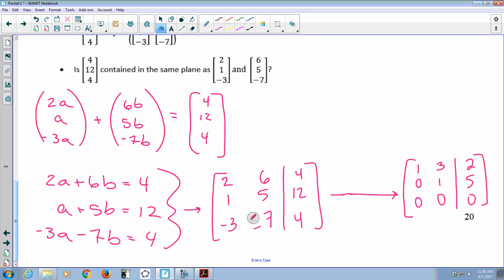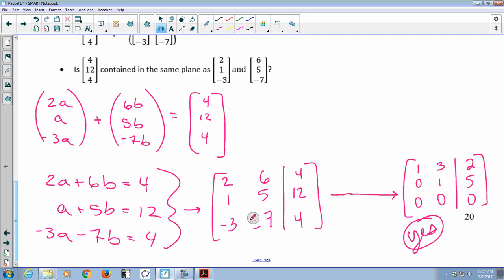So y is 5 and x plus 3y is 2, so you can solve for x. Or A and B, sorry, not x and y. So yeah, this is consistent. We don't even care what the A and B are because the question was just, is it or isn't it? So there is a solution, so the answer is yes.